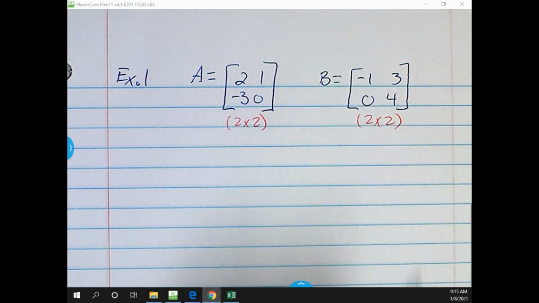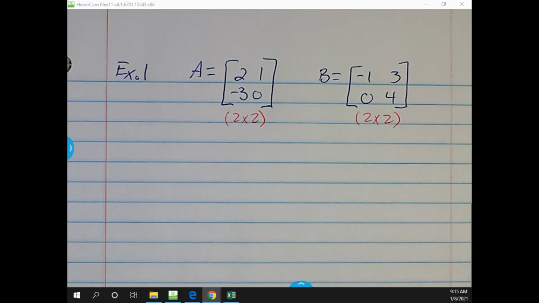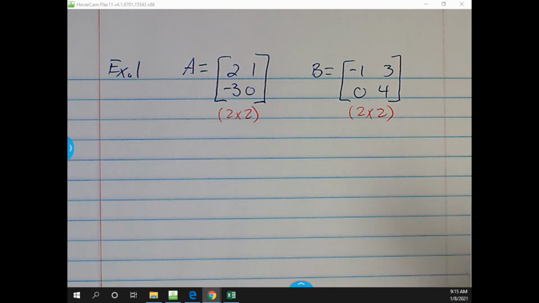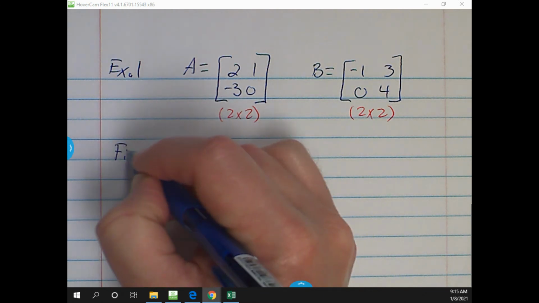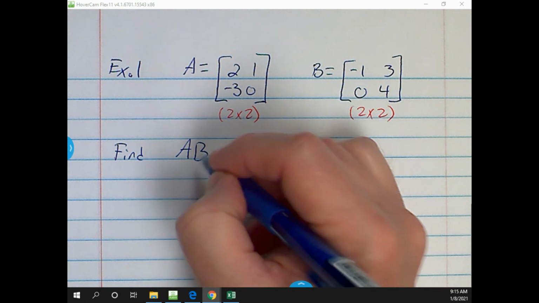Remember, you always want to do the rows first and then the columns second. To me, that's the biggest thing, remembering which one is which. So having the notes out in front of you when you do the homework makes it a little bit easier. The square ones are easier because there are 4 numbers, so it's got to be 2 by 2. So let's find AB.